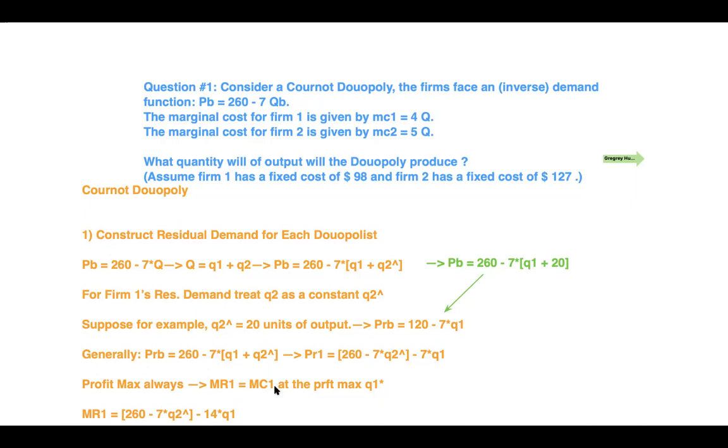And then we just set it equal to the marginal cost for that firm. And we have this function that expresses the output of one of the firms in the duopoly in terms of the output of the other firm. And then we can go ahead and build on the analysis from there. But let's go ahead and do that.